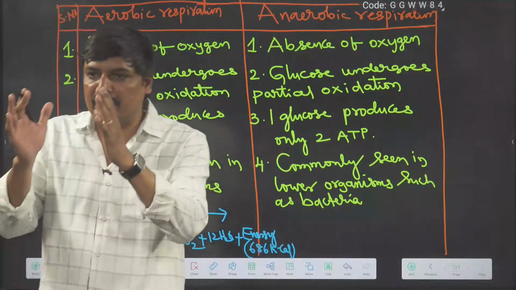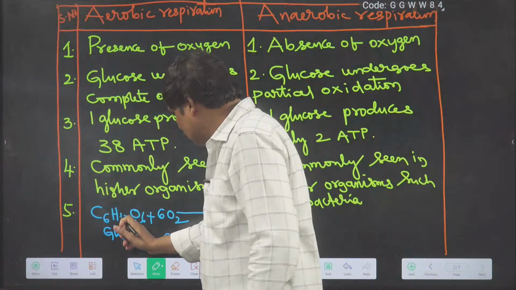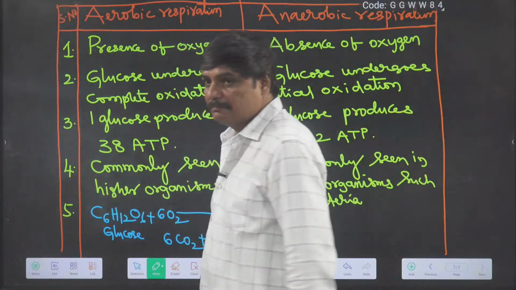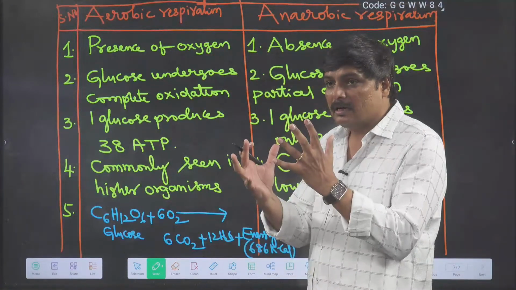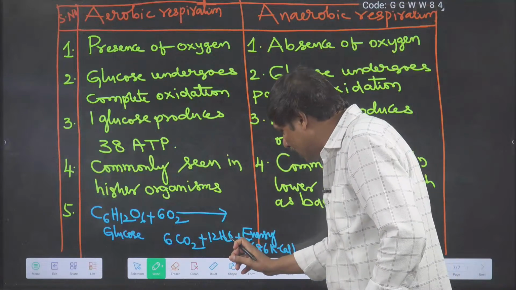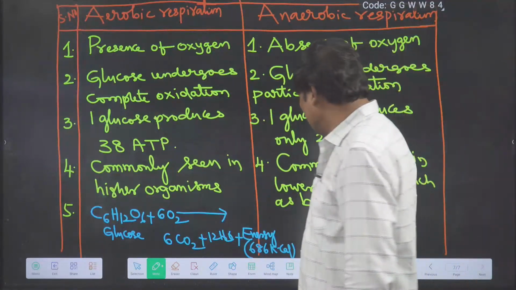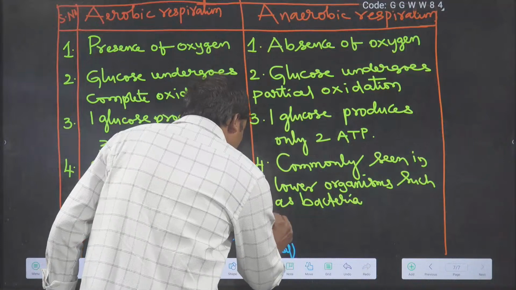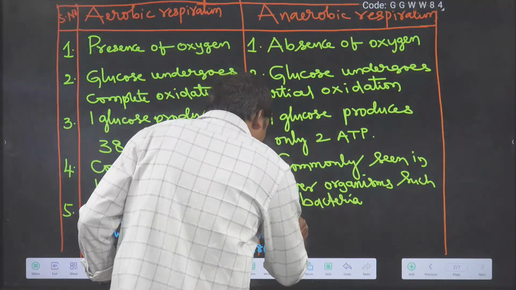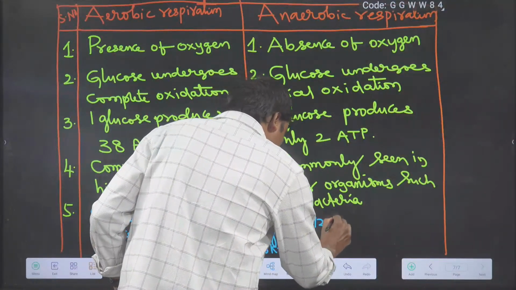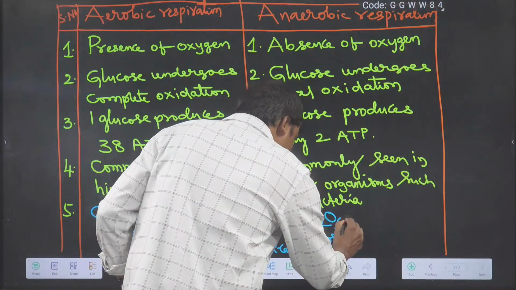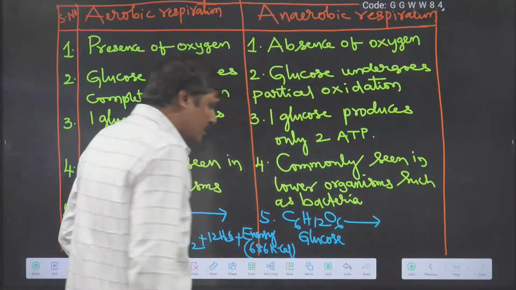Substrates for aerobic respiration: glucose plus oxygen, and the products of aerobic respiration: CO2, water and energy. And similarly, the equation for anaerobic respiration, here oxygen is not involved. C6H12O6, this is also glucose, and this glucose undergoes partial oxidation.